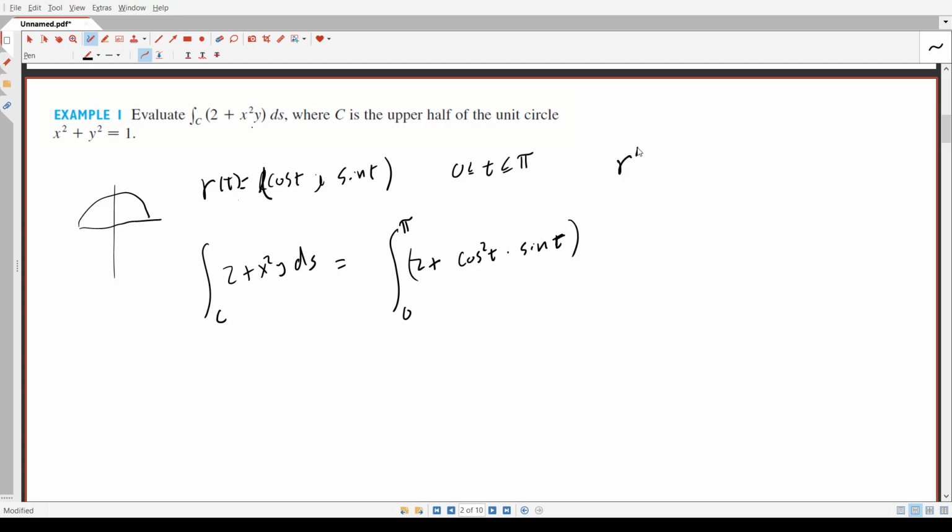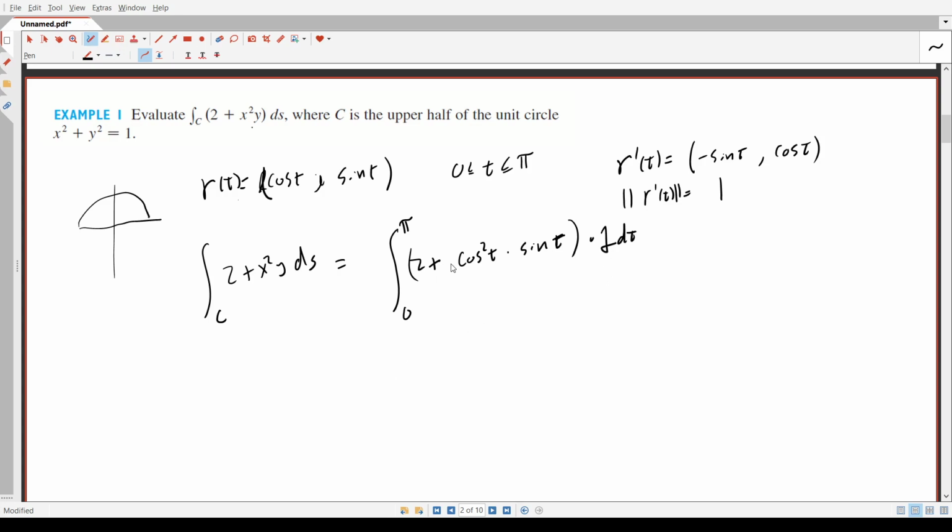What is r prime? The derivative of cosine is negative sine, and the derivative of sine is cosine. So the norm of that is the square root of sine squared plus cosine squared, which is just 1. So we don't need to actually change anything here. We can just multiply by 1 dt.